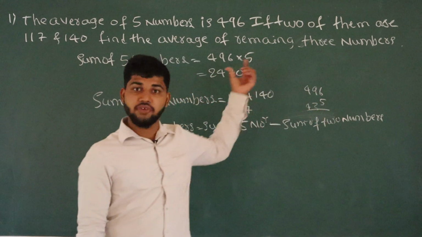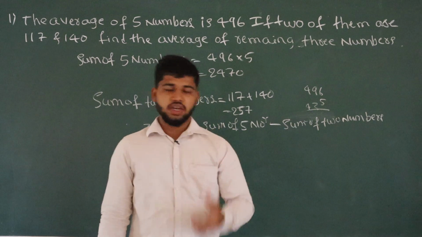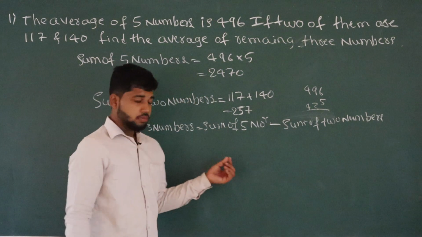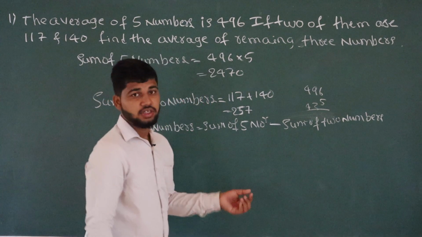Already we got the sum of the 5 numbers, which is 2470, and the sum of the 2 numbers is 257.